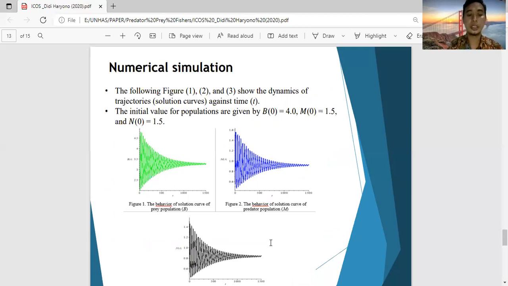The initial values are 4.0, 1.5, and 1.5. This graph shows that the population will be stable at a certain time despite constant harvesting efforts occurring.